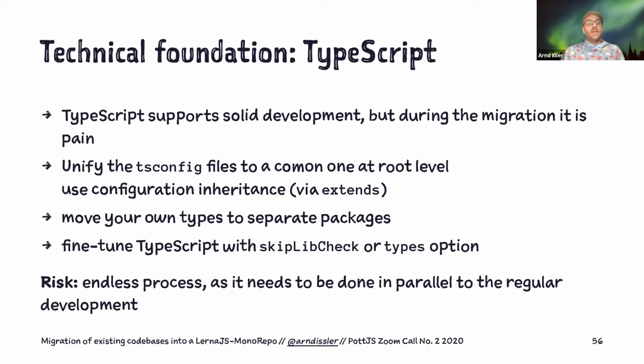build here. And maybe it's a good approach to unify all the tsconfig files and work with inheritance of the configuration, because you have one tsconfig file at the root level, and you can derive in the subfolders tsconfig files from this, which are extending the root level configuration. This is also a good approach. And if you have typings written on your own for third-party libraries, my wish would be to just hand it over to DefinitelyTyped.